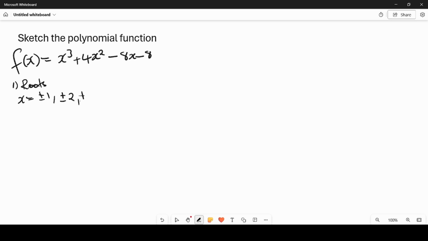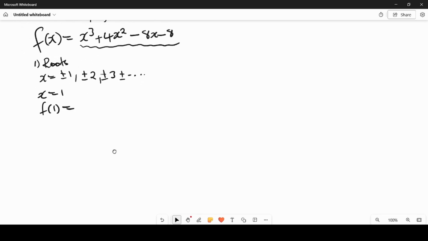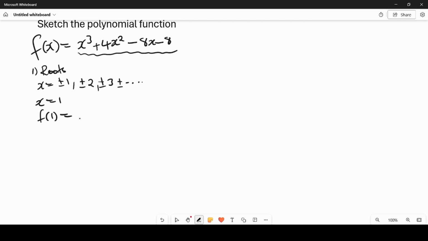So that you can get a 0 to find those factors of the given polynomial. So let's try. For x is equal to 1, f of 1 will be given by 1 cubed plus 4 times 1 squared minus 8 times 1 minus 8.